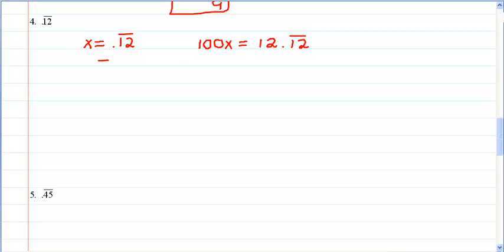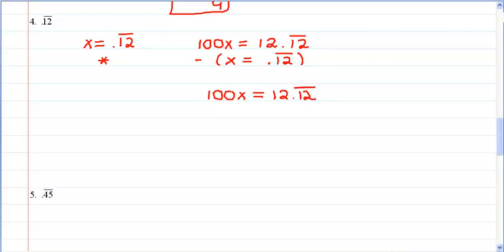Then I subtract this equation and I place it in parentheses, and I rewrite the two equations as 100x equals 12.12 repeating, and our goal is to cancel the part that's repeating.